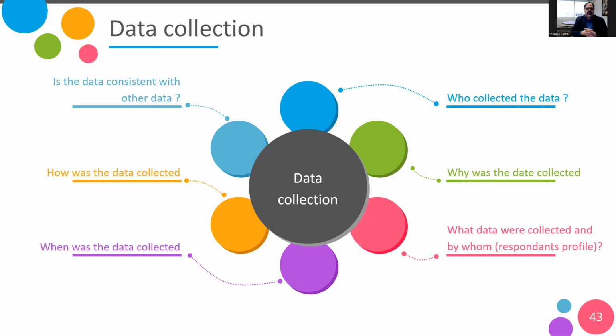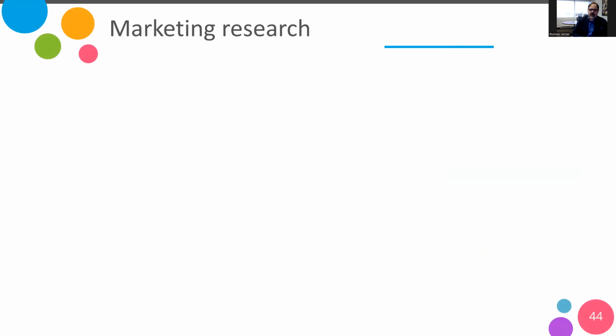This is oftentimes done to predict the results of an election, for instance. And of course, is this data consistent with other data? So we might not just want to go onto one source. So the data collection process is very important here.